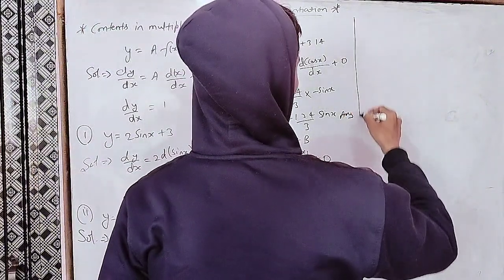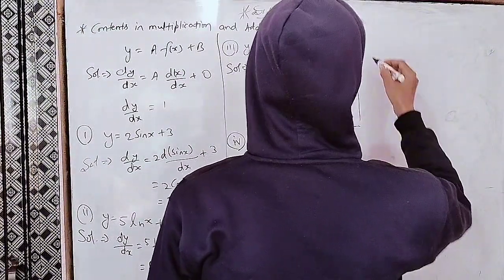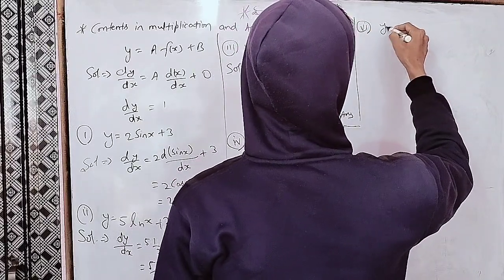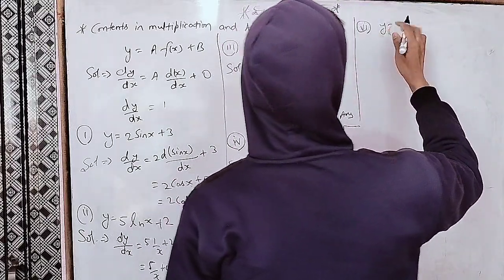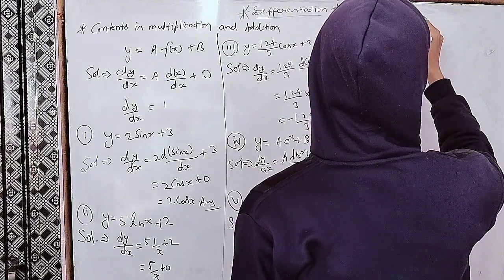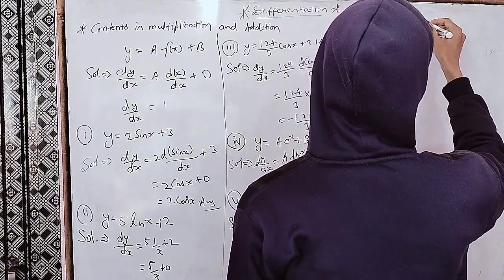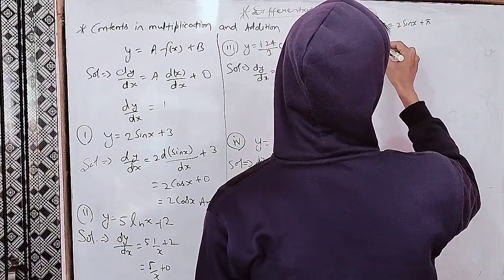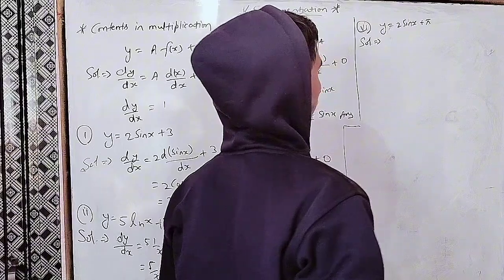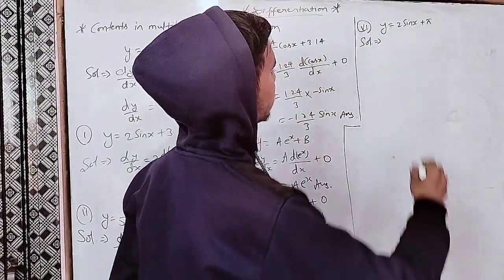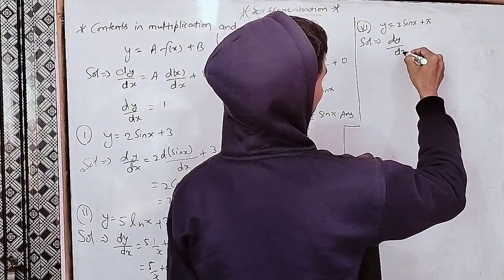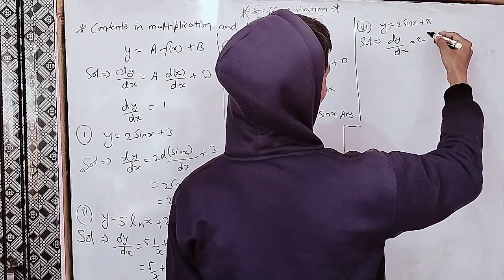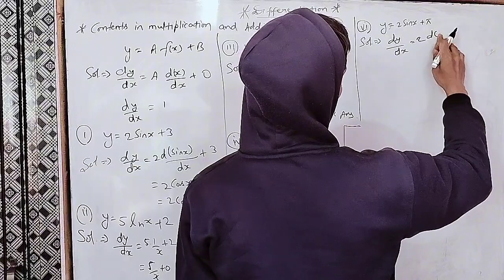Now next, take y equal to 2 sin x plus pi. Similarly dy by dx, and 2 is with a multiple. 2 is 2 into sin x, we are going to represent sin x.